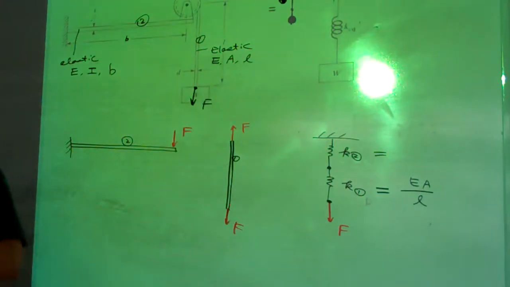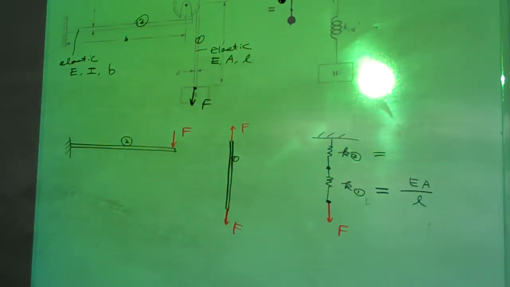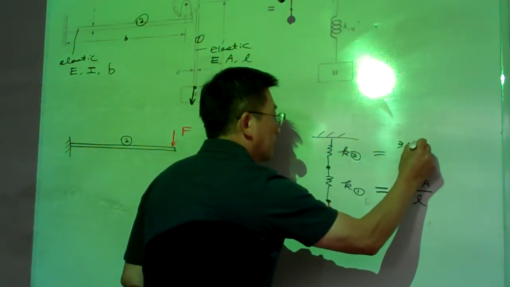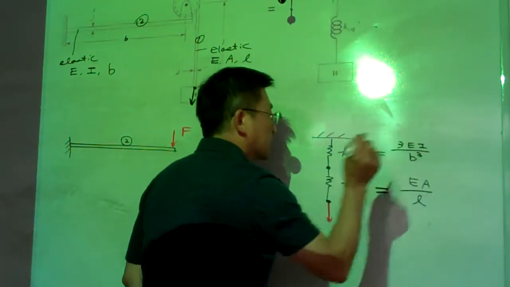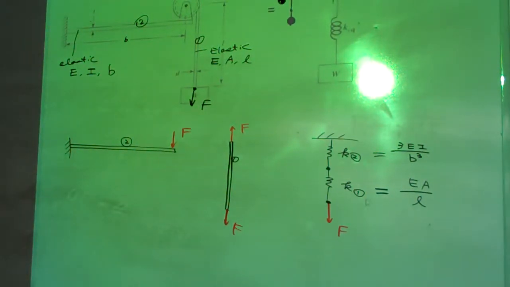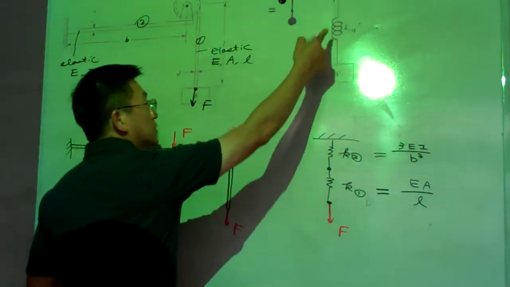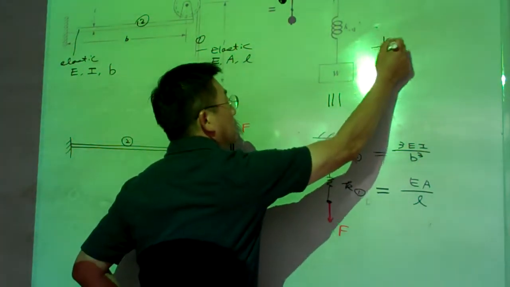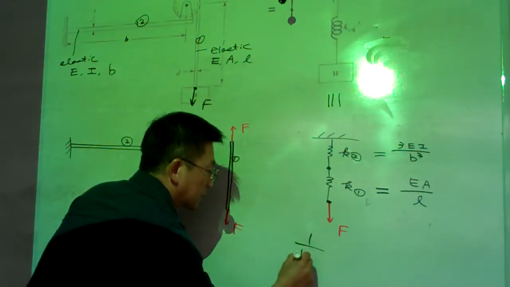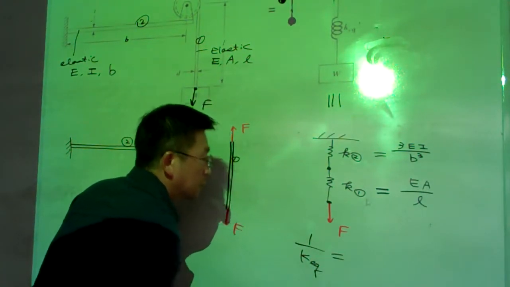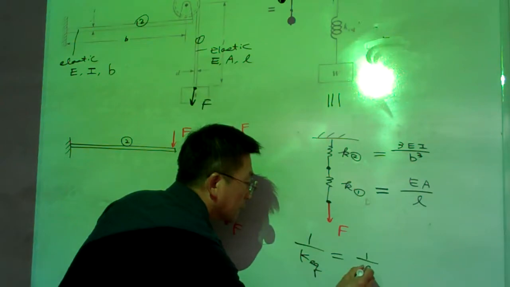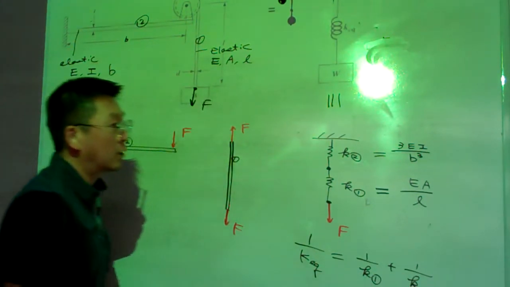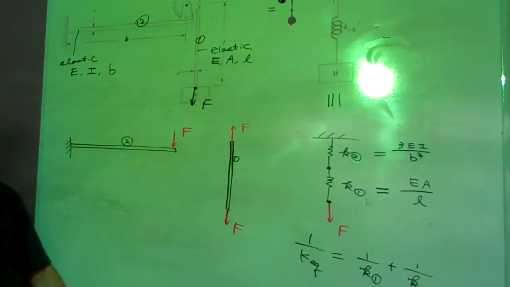I forgot the formula, so I need to turn over. It is 3EI divided by length cubed. Therefore, the equivalent system is K_EQ equal to 1 over K1 plus 1 over K2. That is the equation we just came up with.